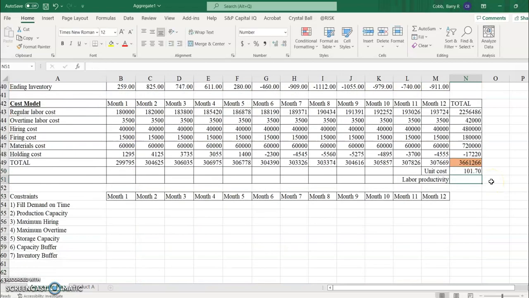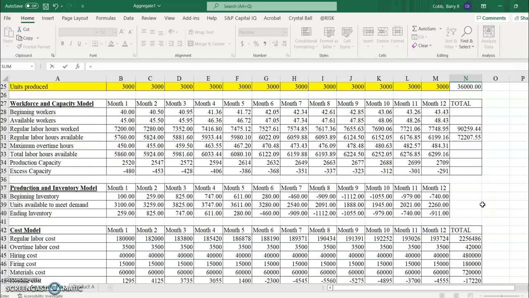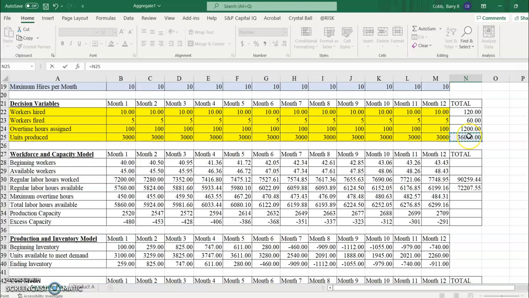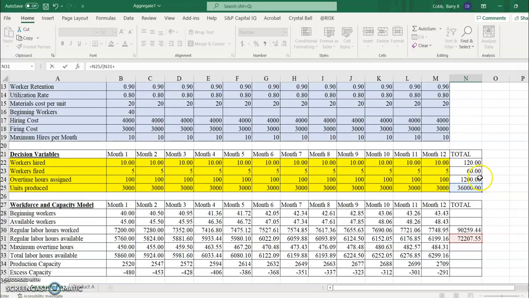And then the labor productivity, we have an assumption for labor productivity, but this will tell us what we actually achieve, and that'll be the units produced divided by the regular labor hours plus the overtime hours assigned.